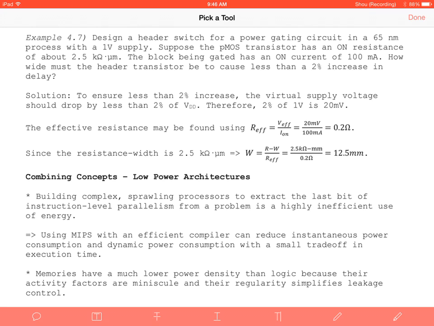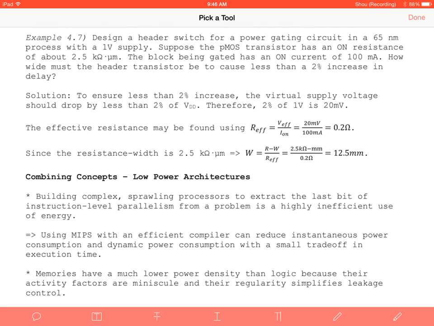So we multiply 2% times 1 volt, and we get 20 millivolts. Now we have 20 millivolts, and we know our on current. The circuit has to not only have the supply voltage, it has to turn on. In order for it to turn on, we have some effective resistance where we have 100 milliamperes and 20 millivolts, so we divide those, and we get 0.2 ohms.